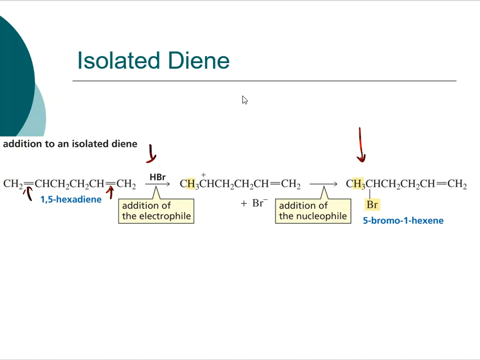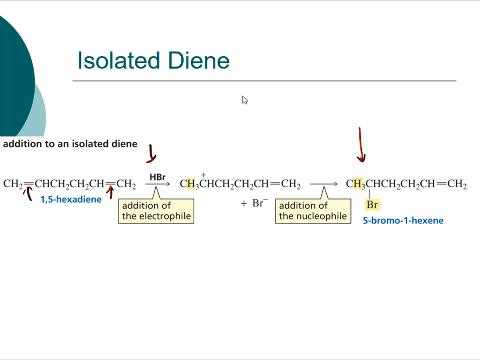So now let's talk fancy. I have reacted 1,4-hexadiene with hydrobromic acid. An electrophilic addition reaction has happened where the rules of Markovnikov have been followed. This isolated diene has targeted one of the double bonds. The double bond has broke. Hydrogen goes on to the carbon with the most hydrogens, forming a more stable carbocation, which is secondary.